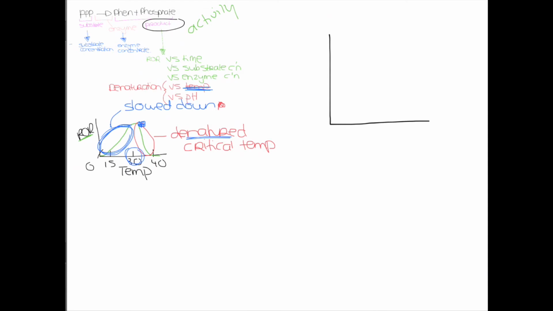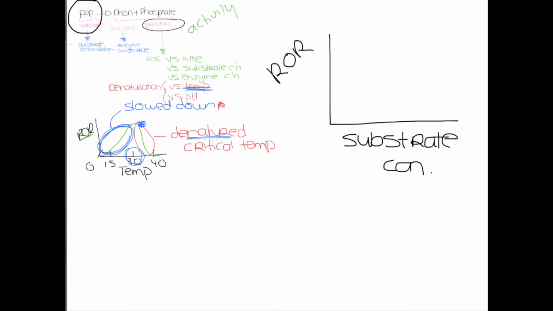So what I'm going to do is draw a graph, and I'm going to put the rate of reaction over here, and then substrate concentration down here. Remember, with this experiment, we're looking at our ppp.